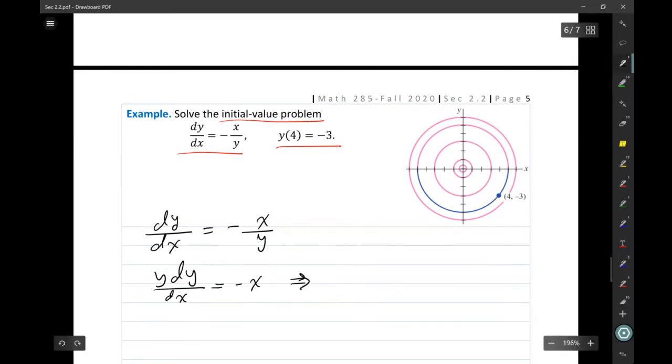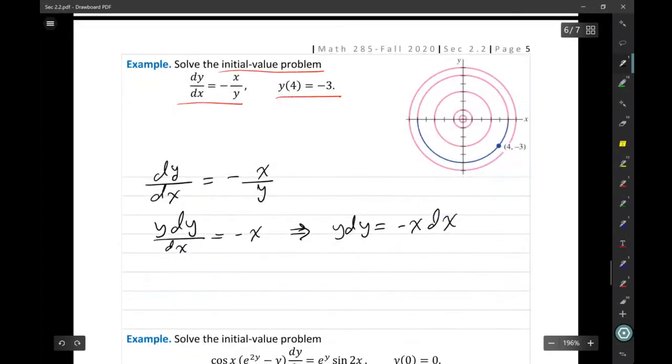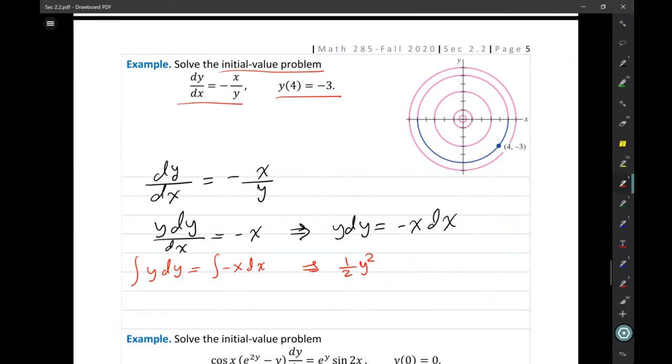Now multiply both sides by dx, and it becomes y dy equals minus x dx. Now integrate: the integral of y dy equals the integral of minus x dx. The integral of y is half y square, minus half x square plus c.